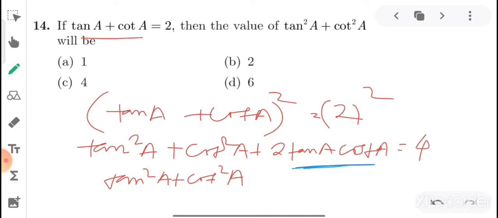Tan A and cot A multiplied give 1, as they are reciprocal to each other, hence its value will be 2. So tan square A plus cot square A plus 2 equals 4, and tan square A plus cot square A is equal to 2.